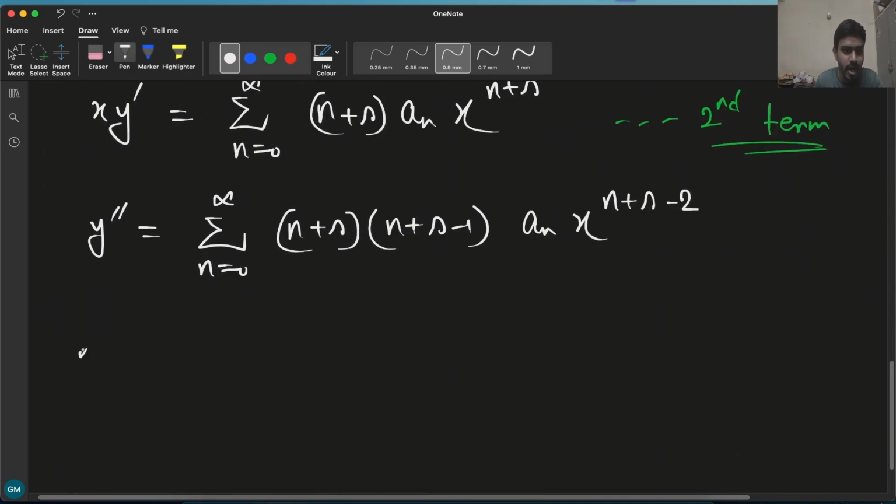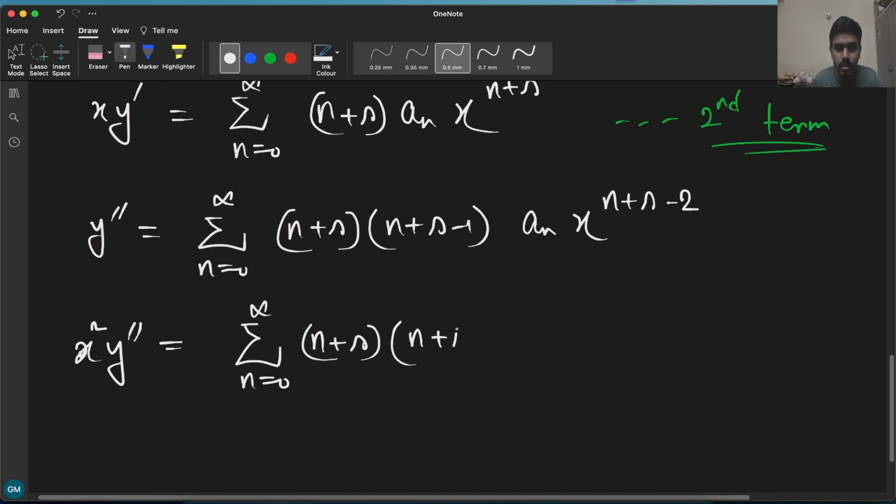So that I can write as x square y double dash equals to sum over n equals to 0 to infinity of (n plus s) (n plus s minus 1) a n x to the power n plus s. This is our first term.